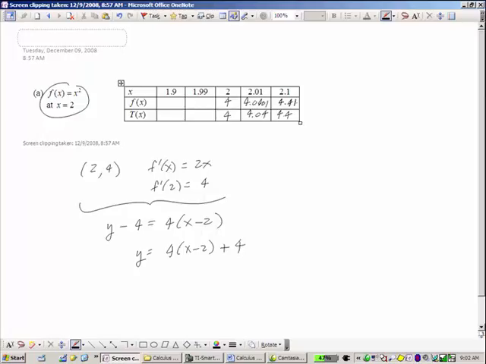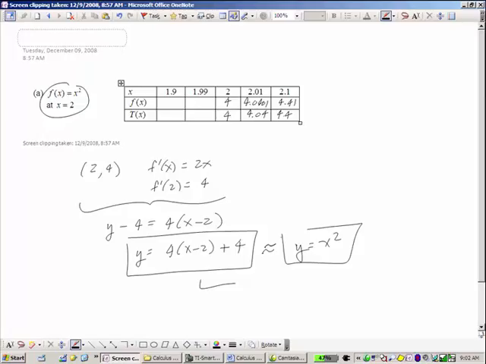The problem is that the linear model is not the same as the quadratic model, but close to a point, it's close enough. So close to 2, these two are very similar.